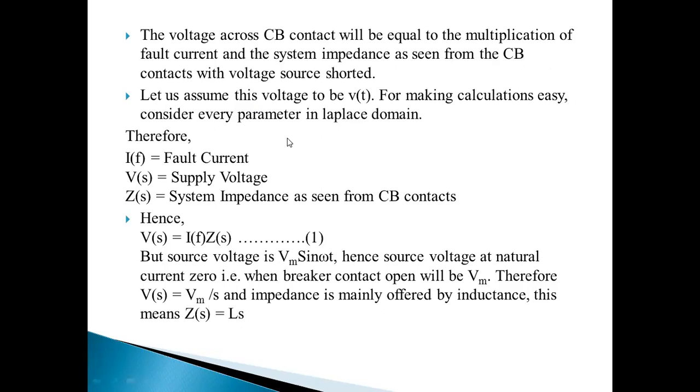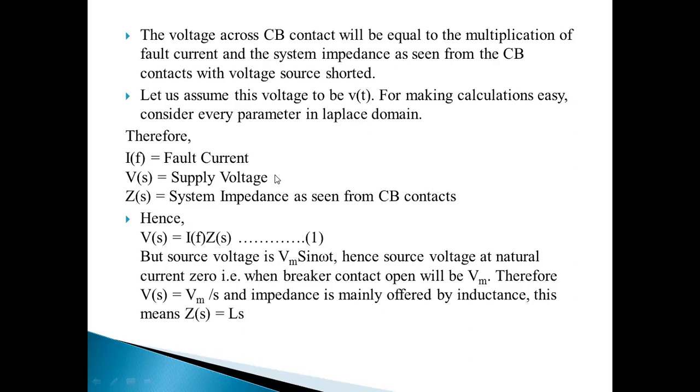Let us assume this voltage to be V of t, and for making calculations easy, consider every parameter in Laplace domain. All of you have studied Laplace's equations in network.